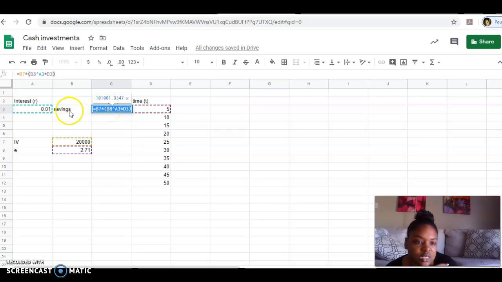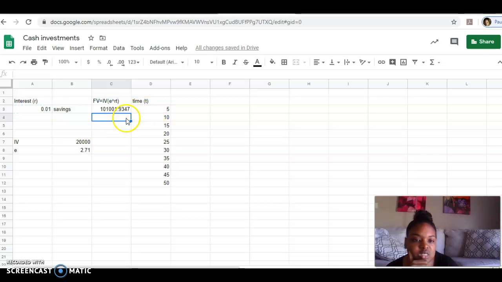And if you notice here on the sides, you have these weird dotted rectangles. What those show is the things that are getting used in the equation. So we're using the 1% or the 0.01, we're using the 20,000, we're using 2.71, and we're using a time of 5.